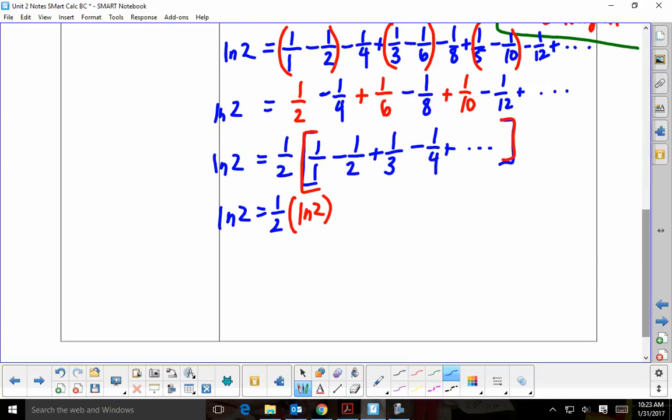Divide through by the ln of 2, I get 1 equals 1/2. Or multiply by 2, and I can show that what? Did I do anything mathematically wrong?